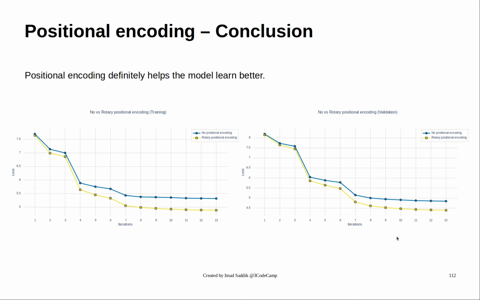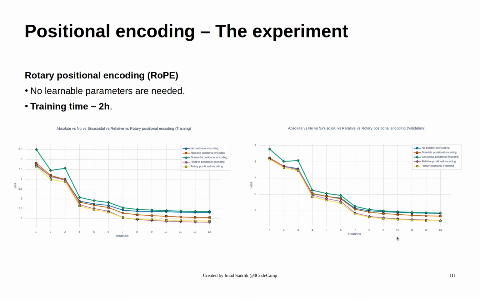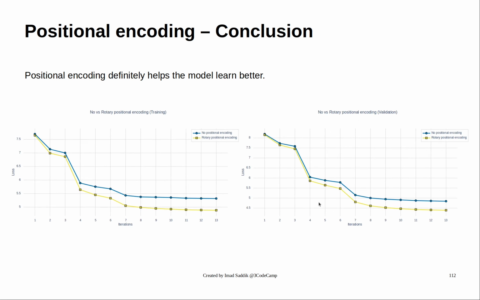So this means that, yes, positional encoding is very important. Yes, we have a lot of methods, and we compared between them, and we ended up choosing Rotary positional encoding because it is faster and it generalizes well in validation. So yeah, this is the method that I am going to keep, and it is going to be used in the final version of the model in the final video.